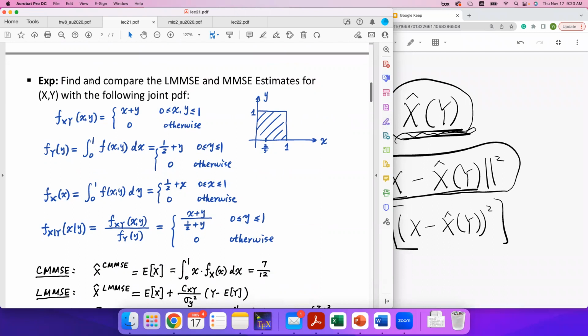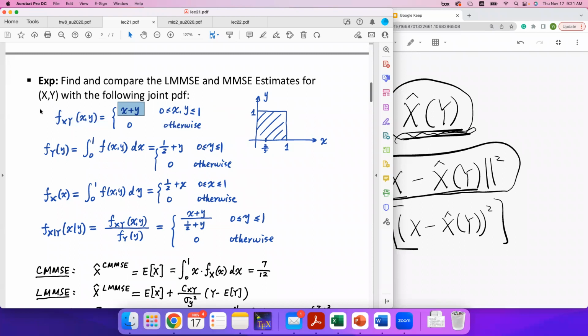And here's an example on application of this MMSE framework. We are given such a joint distribution over X and Y. This joint density is supported within this rectangle, and the density value depends on X plus Y. So it is not a uniform distribution, right?